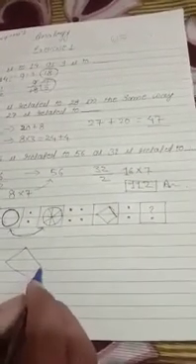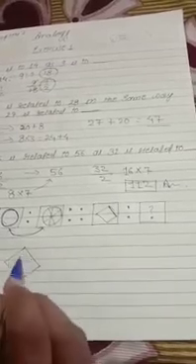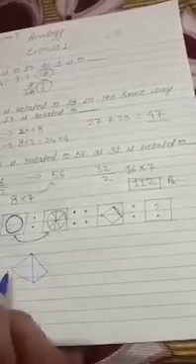Similarly, we'll have to apply the same logic to the next figure. Sorry, the figure is not working properly. So with the help of the same logic, we'll distribute this particular figure.